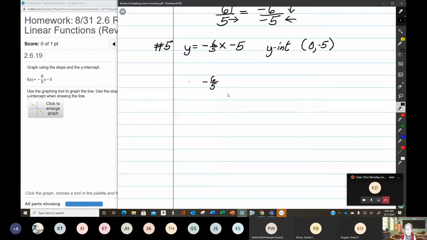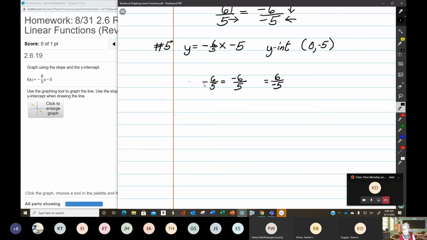And you can change it in 2 ways. -6/5 is exactly the same thing as -6 over +5 or +6 over -5. Negative divided by positive is negative, and positive divided by negative is negative.